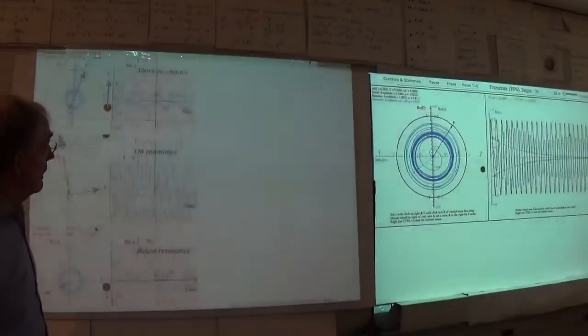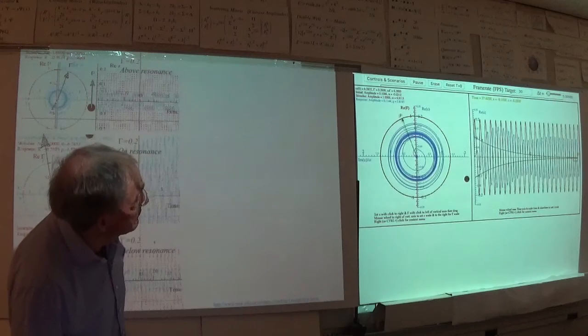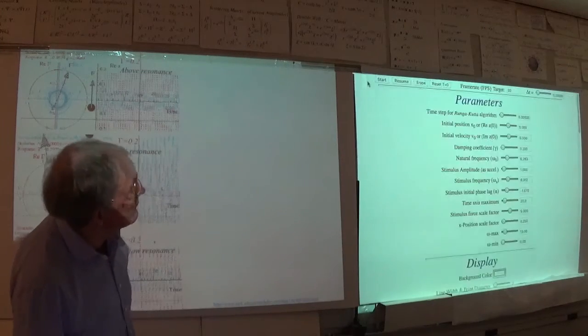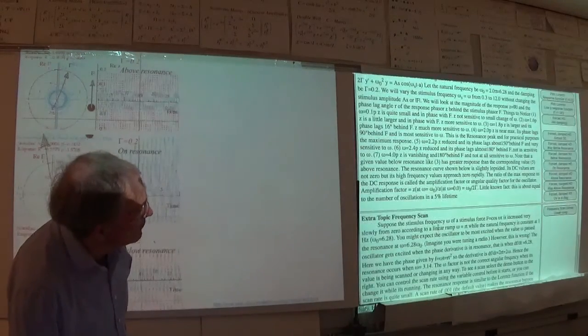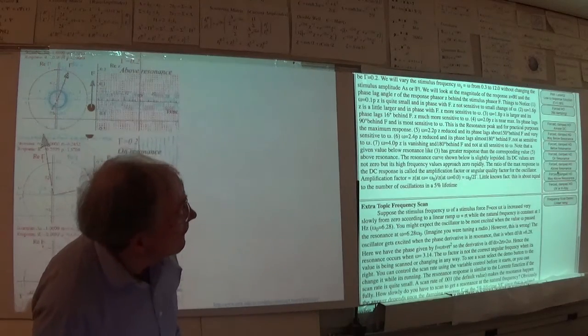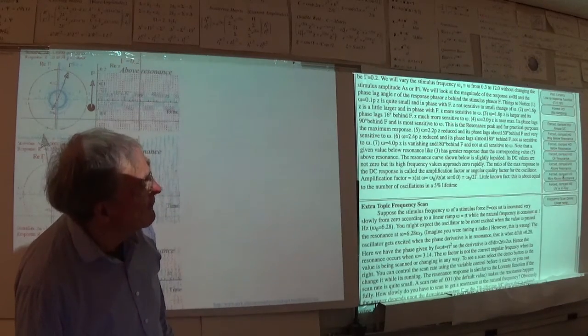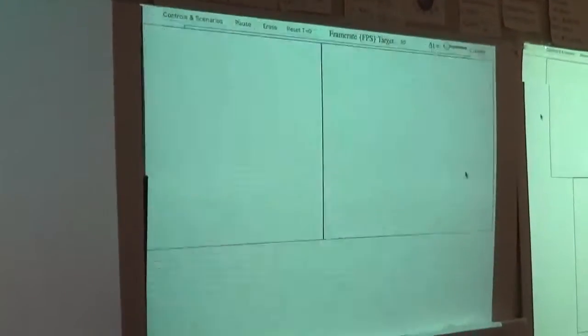Okay, so now what I'd like, of course, to do is carry this a little bit further, and let's get the controls and scenarios there real quick. And I want to take this thing to the ultimate loop here. Let me go ahead and get this started. This is considerably above the resonance, so let's just try that one out for a while.